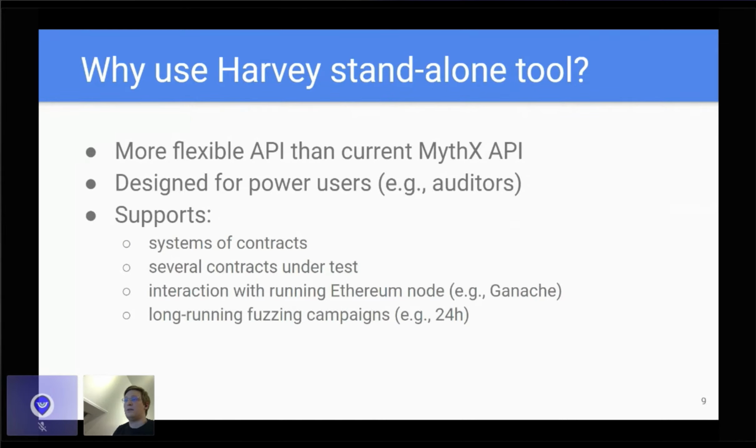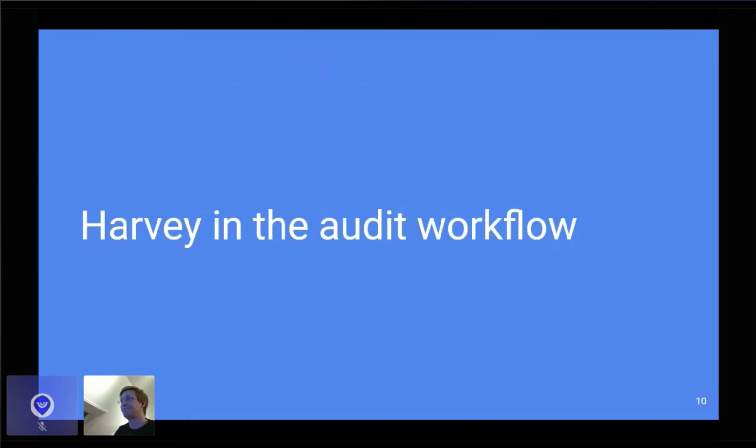It allows you to run long-running campaigns, like 24 hours or more, and you can access the results all the time while it's running. That's great to see how things are going, and whether you're finding any interesting issues on the fly. In the following, I will quickly give you some insight into how we are currently using Harvey during the audit workflow. Some of these things could also be used in development.